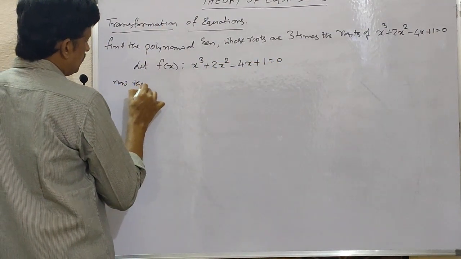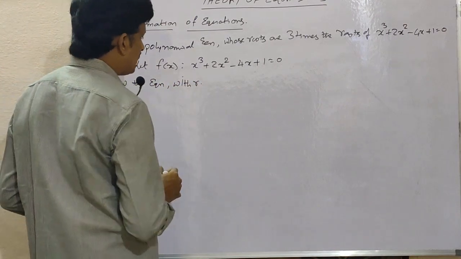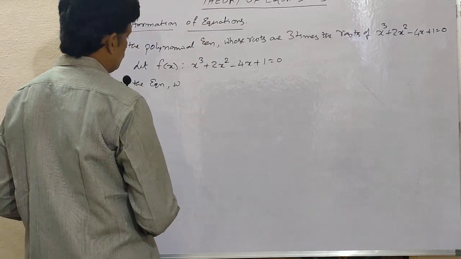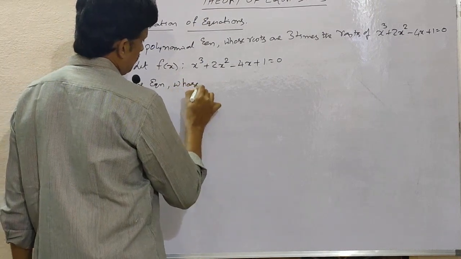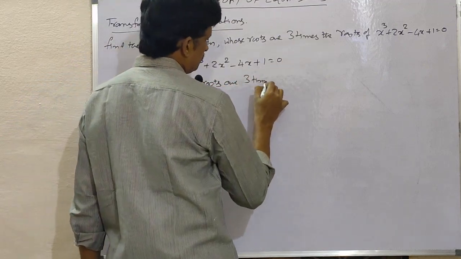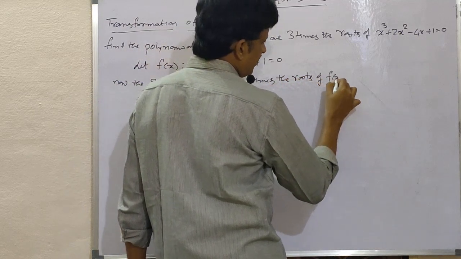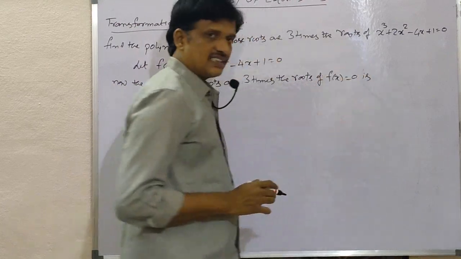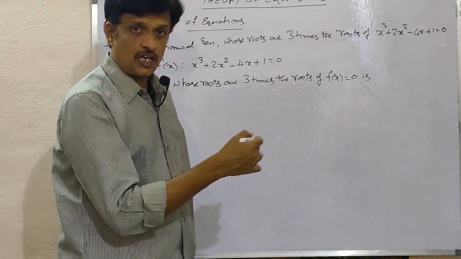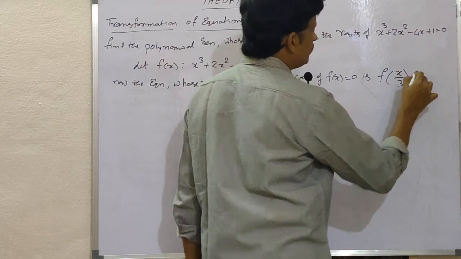Now, the polynomial equation whose roots are 3 times the roots of f of x equal to 0: each root is 3 times the root of the given one. So 3 times means 3 into the root. So the required equation is f of x by 3 is equal to 0.